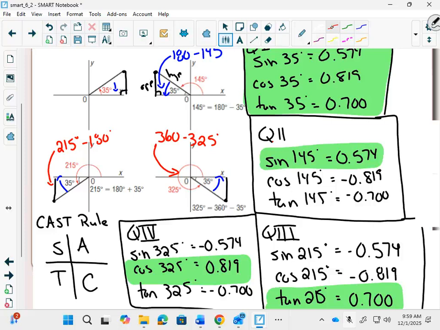Now, how does that help you remember? What do you think the C, the A, the S, and the T mean, and how do they help you remember the positives and the negatives? Any guesses?